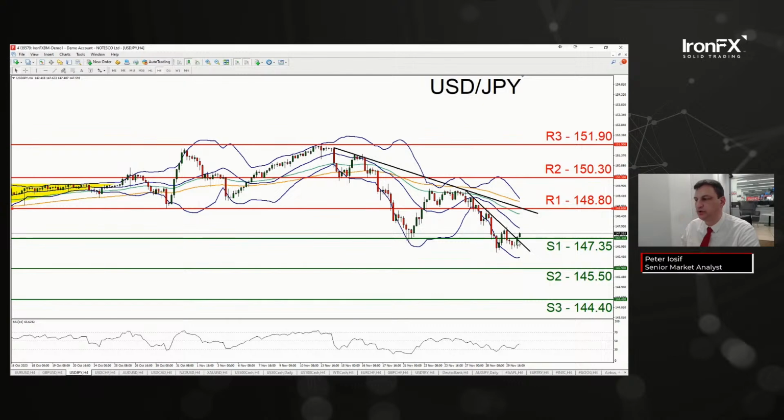Yet that has been broken. And that's being signaled practically from the sideways motion, with the price action of USD/JPY revolving around the S1 147.35, remaining relatively at the same level. So practically we have the first interruption of the downward motion.